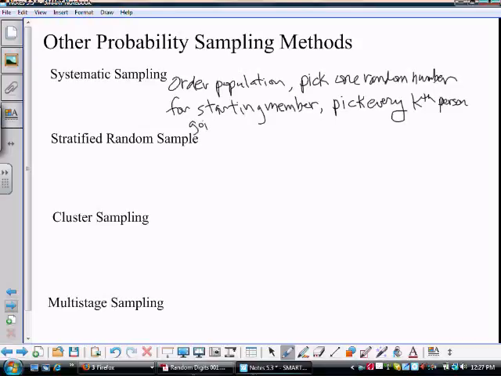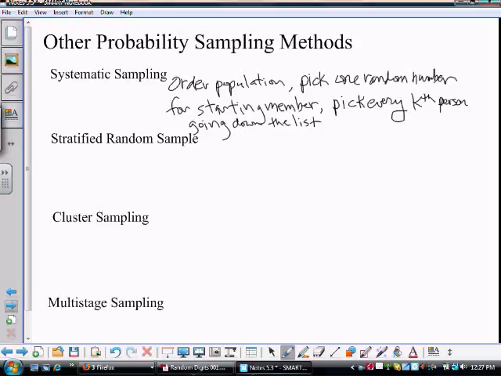Going down the numerical list. Okay, so if I randomly picked the number 2 and I was picking every 5th person, I'd pick the 2nd person and then the 7th person on the list and then the 12th person on the list, et cetera, et cetera, et cetera, going down the list that way.